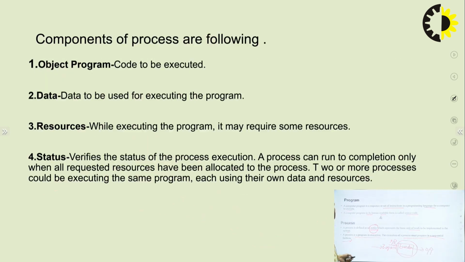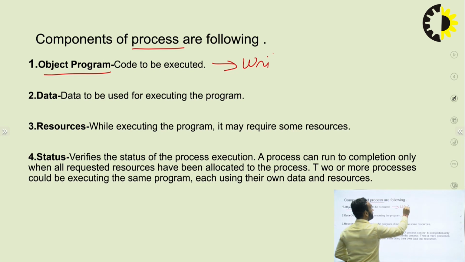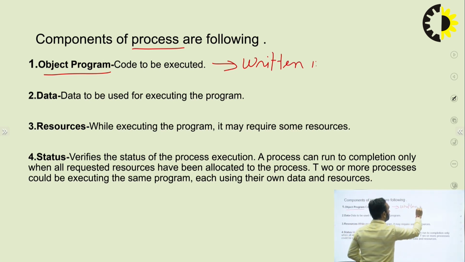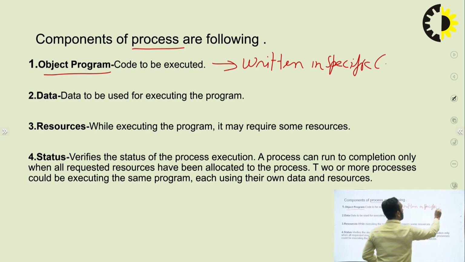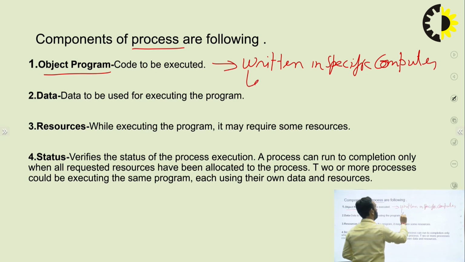So now we have to understand what are the components of a process. The components of a process contain the object code, as I said, written in a specific computer language.